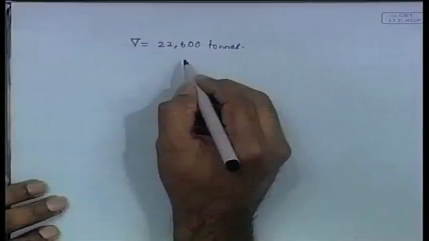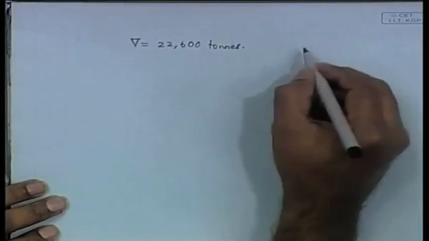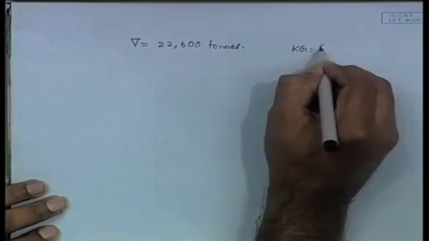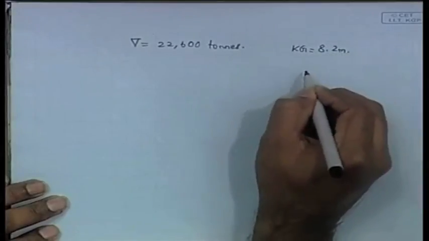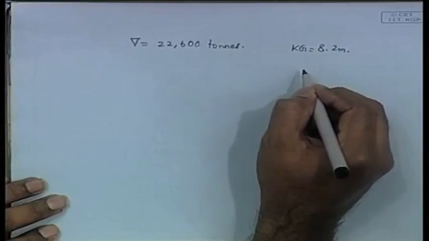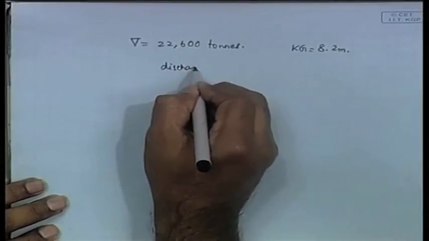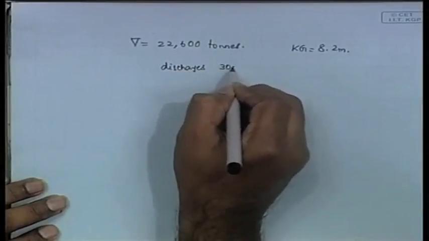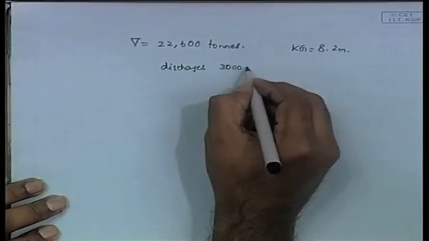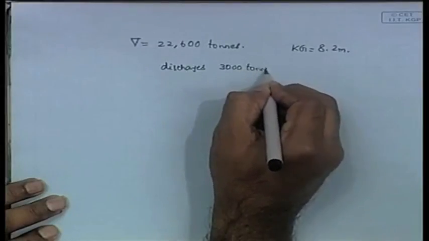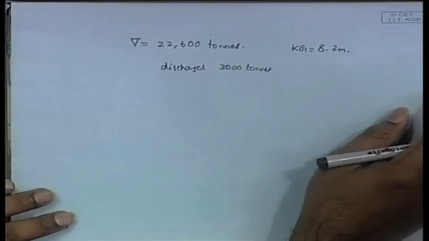Now here you are told that the displacement of a vessel is 22,600 tons. You are told that KG is equal to 8.2 meter. Then you are told that it discharges 3,000 tons of ballast. Does anyone know what ballast is? Have you heard that word?